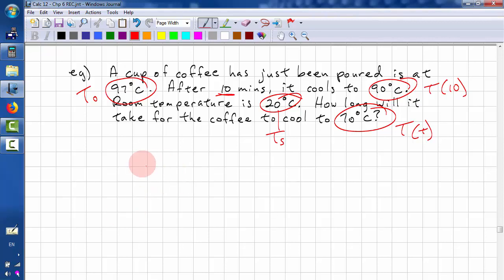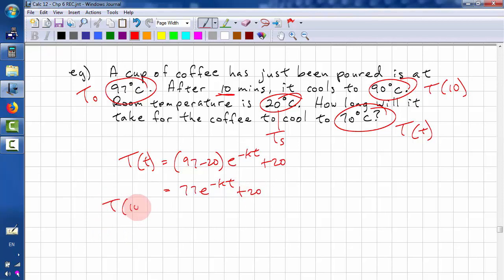Okay, let's substitute things in. T(t) equals 97 minus 20, e to the minus kt plus 20. Let's simplify this. This is 77 e to the minus kt plus 20. We know T(10) equals 90.